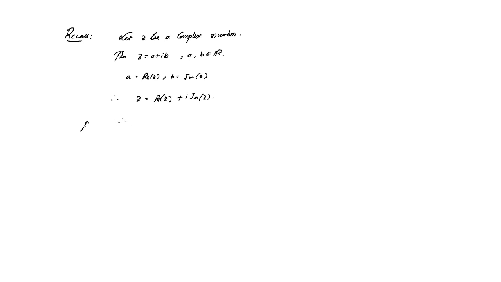Now the next recall is the conjugate of a complex number. The conjugate is represented by Z bar, and it is A minus iB.